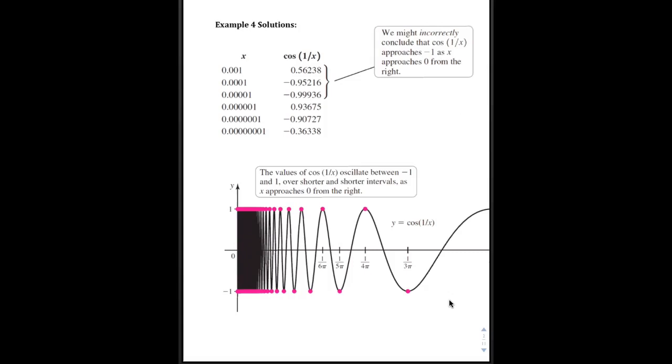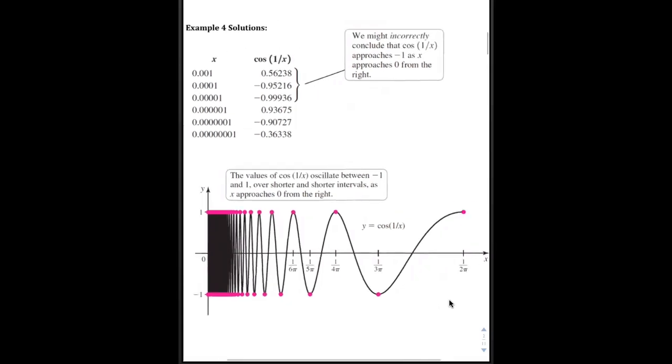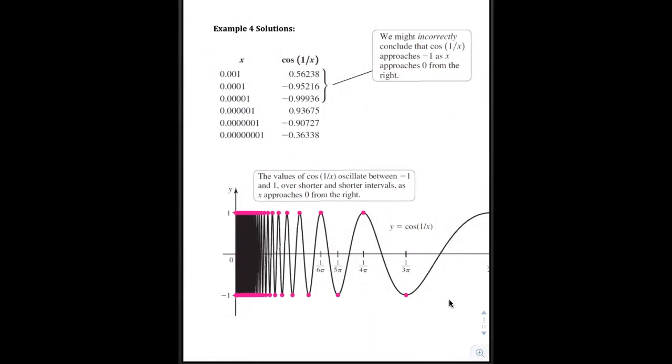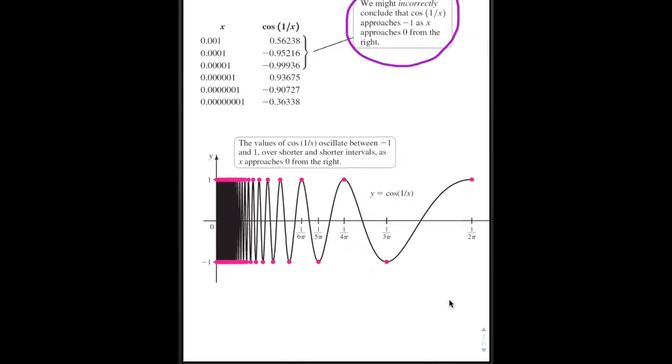We want to make sure you don't incorrectly conclude that it approaches -1. That's not true, because all of these values should be approaching the same value. If it did approach -1, it would be like -0.9, -0.99, -0.999. So just keep that in mind.